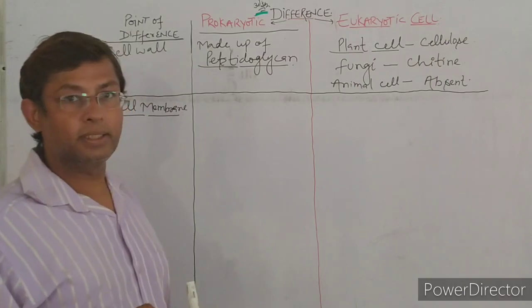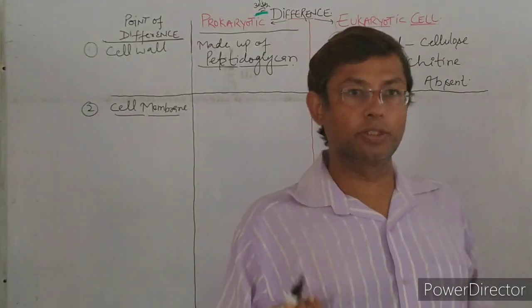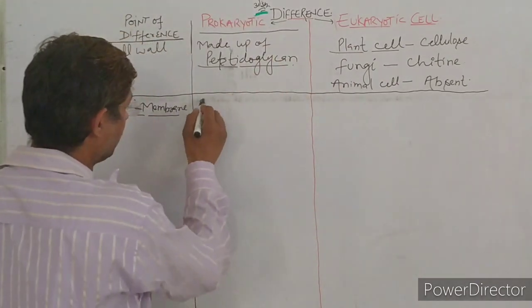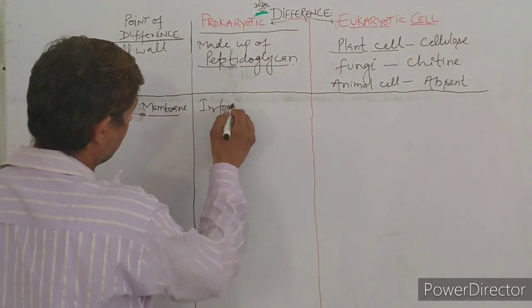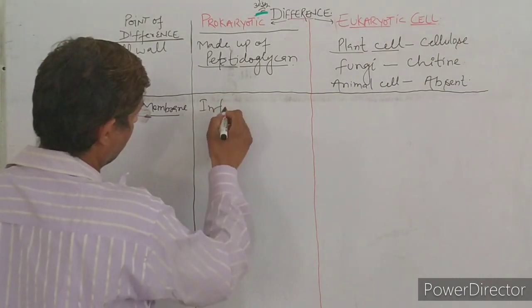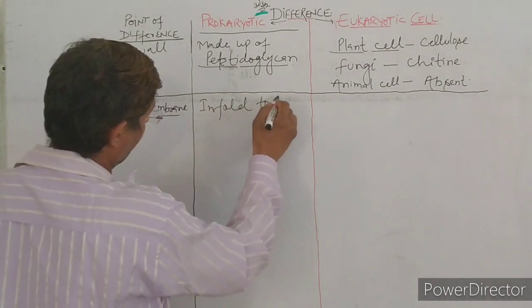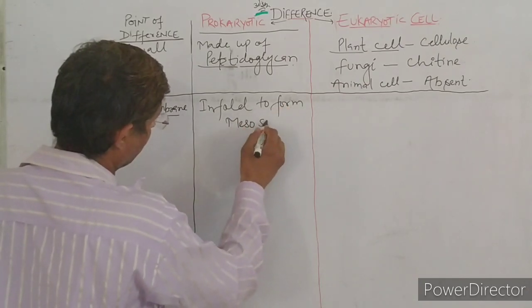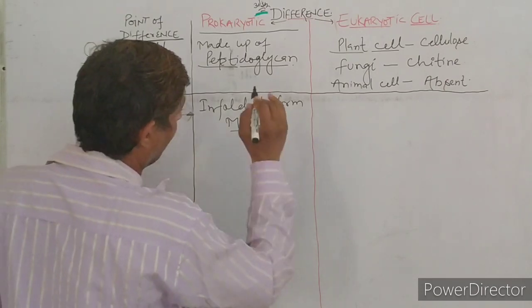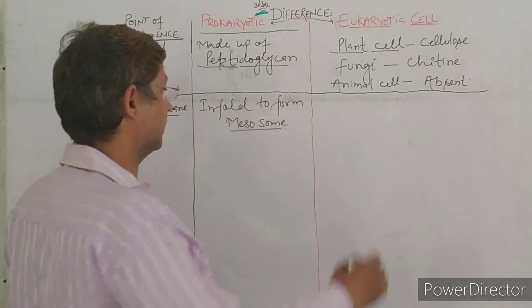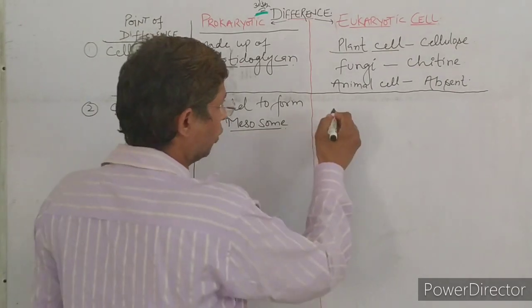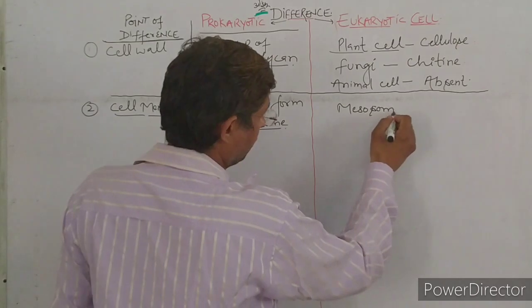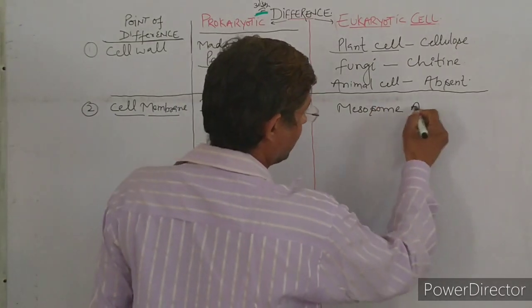In prokaryotes, the cell membrane enfolds to form the mesosome, while in eukaryotes there is no mesosome; the mesosome is absent.